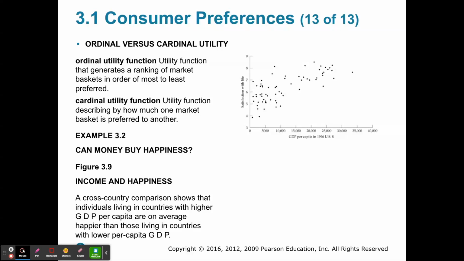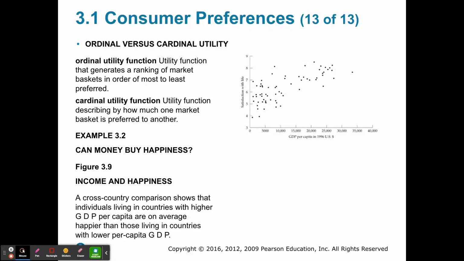When we say that a number is ordinal, all we're saying is that if 2 is bigger than 1, then 2 is preferred to 1. But we can't say that 2 is twice as much as 1, because in some sense the numbers don't matter enough for us to say that.